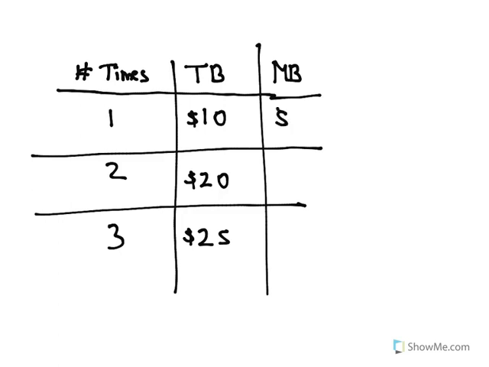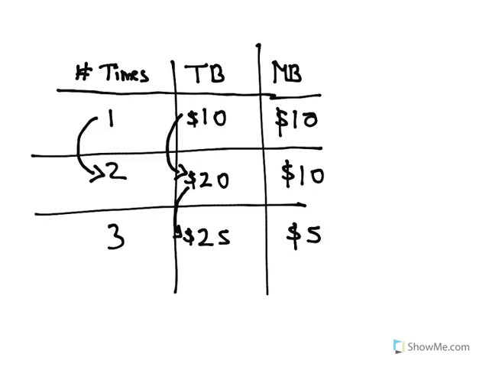Well, I gain $10. If I go from doing the activity one time to doing it the second time, what do I gain? Well, I go from $10 to $20, so what did I gain? I gained $10. And then if I do it a third time, if I go from 20 to 25, what do I gain? I gain $5.